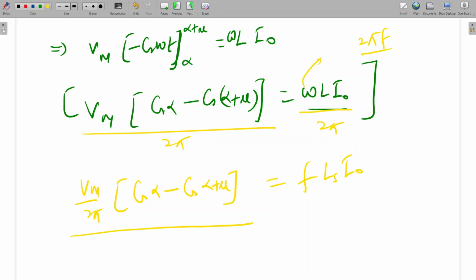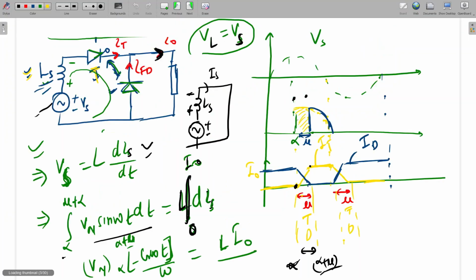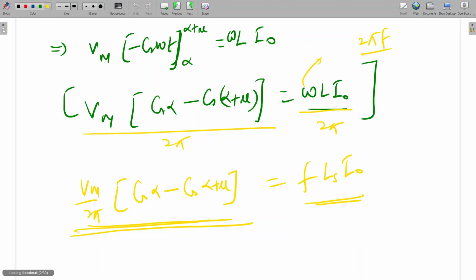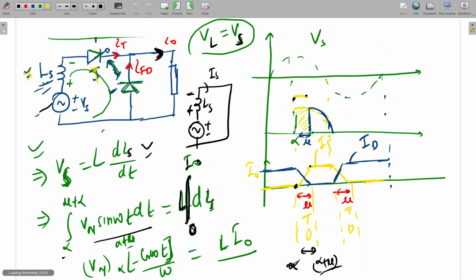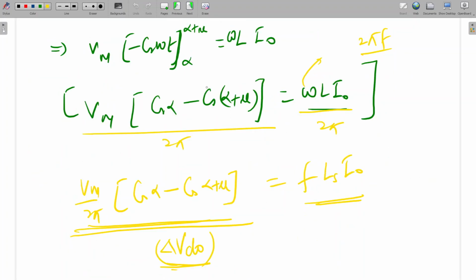So what is this integral? We have calculated the shaded region. Shaded region means the drop in voltage due to inductive effect, so that we can call delta Vd0. Why I am calling it delta Vd0: it is the drop, the shaded area I have calculated here. So the drop due to the inductive effect is called delta Vd0, which is equal to f L s I0. And what is this value?